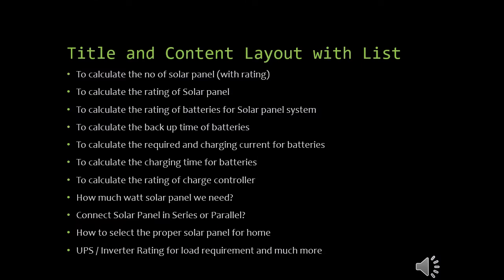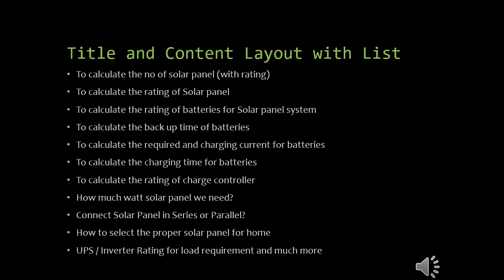Okay, before you decide to do a wiring installation system over solar, there are some aspects that you have to consider. 1. To calculate the number of solar panels with rating. 2. To calculate the rating of solar panel. 3. To calculate the rating of batteries for solar panel system. 4. To calculate the backup time of batteries. 5. To calculate the inquiry and charging current for batteries. 6.